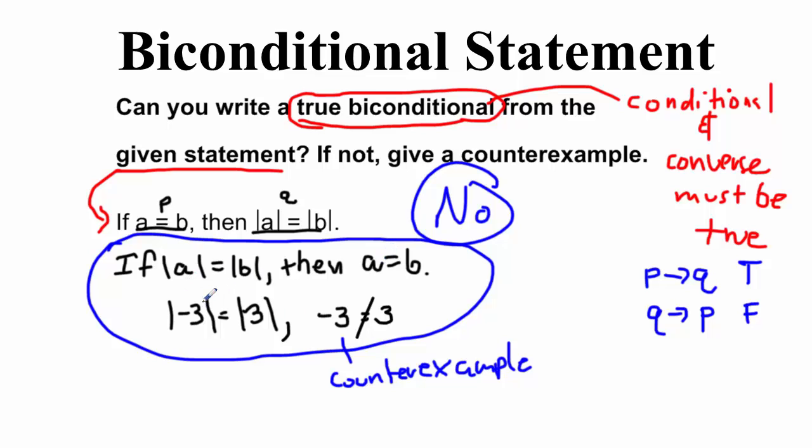I picked two numbers with the same absolute value, but the original numbers were not the same. That's why this conditional came out false. So that's my counterexample, and no, I was unable to write a true biconditional because the converse came out to be false.